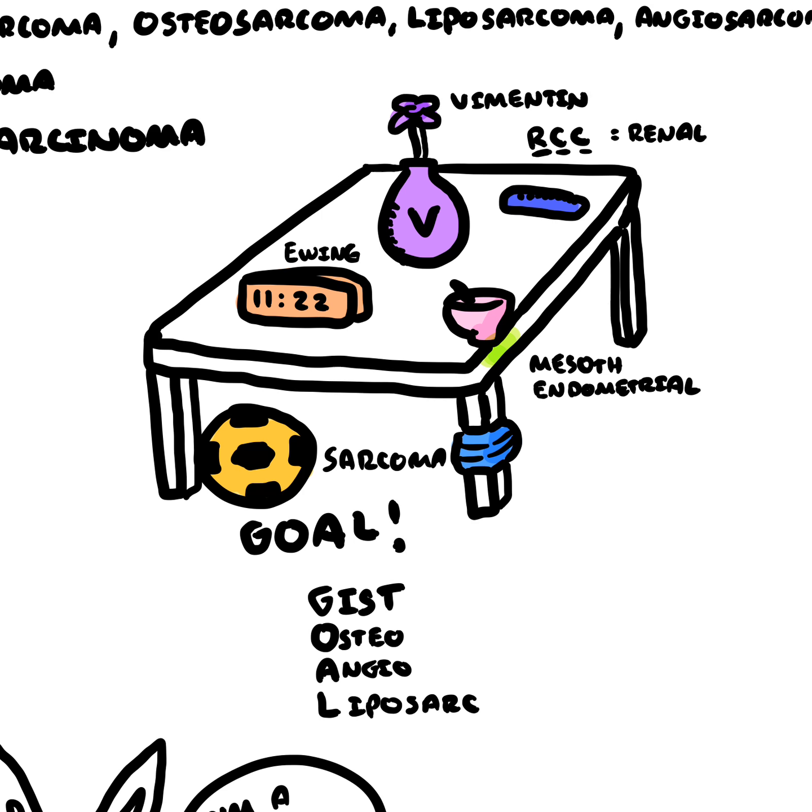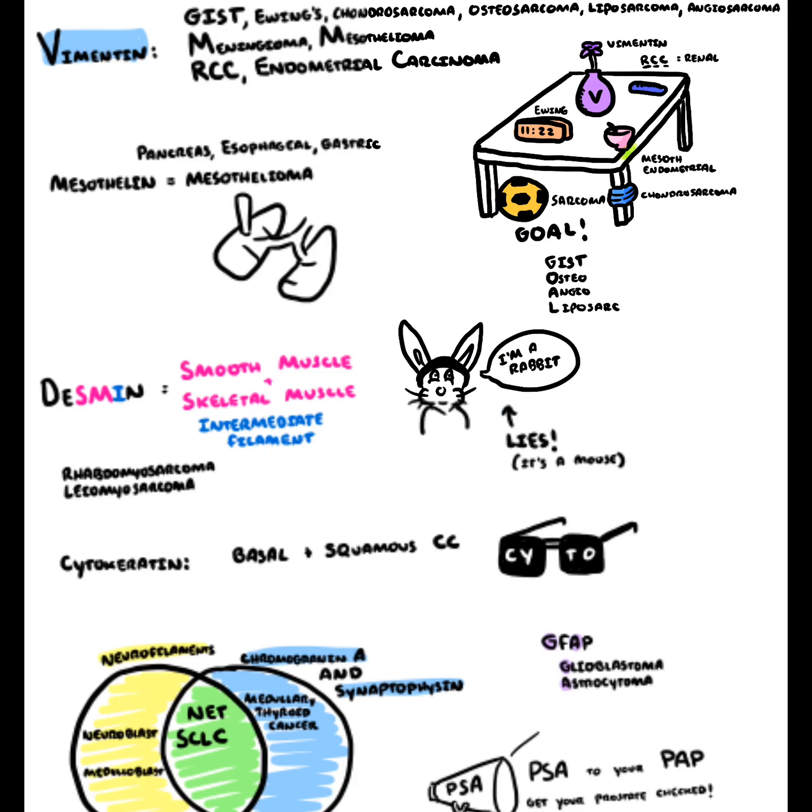So these are all associated with, again, Vimentin. And then I'll just write over here chondrosarcoma. So we can go through this: GIST, Ewing's, chondrosarcoma, osteosarcoma, liposarcoma, angiosarcoma, meningioma, mesothelioma, renal cell carcinoma, and endometrial carcinoma. So those are all the things that are associated with Vimentin. Take a look at this table over here, and hopefully that'll stick.